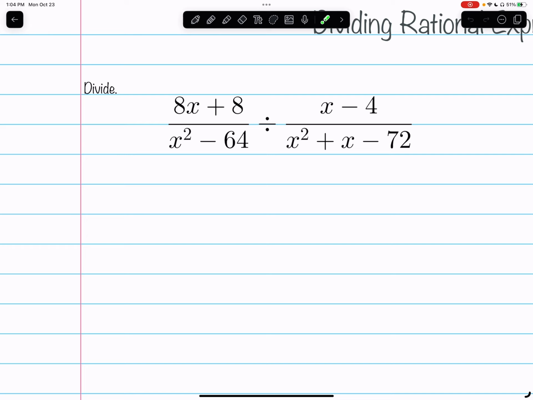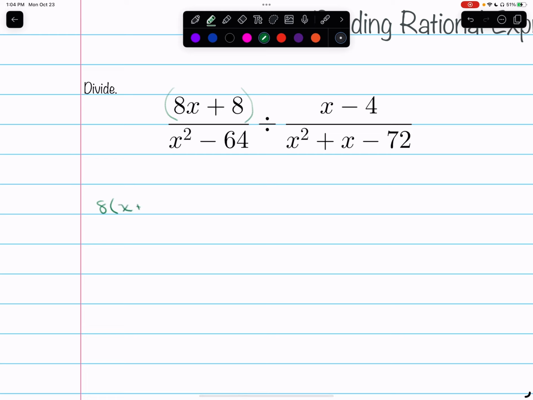Just like we did when we multiplied rational expressions, we're going to factor all of our pieces, okay? So when I take a look at this one right here, I'm going to break that down by pulling out an 8, okay? So when I pull an 8 out, I'm going to be left with x plus 1, okay? If I look at the denominator of that problem, this one right here, I have the difference of squares, okay?